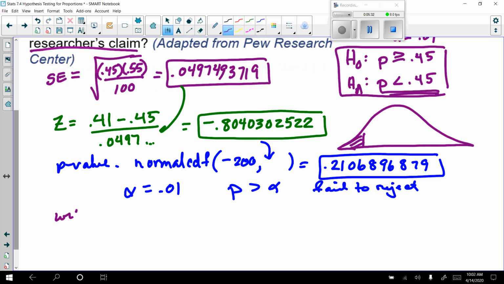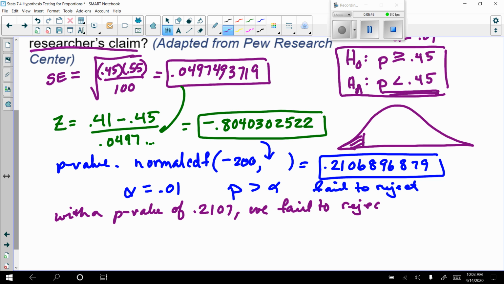So with a p-value of 0.2107, we fail to reject the null hypothesis.